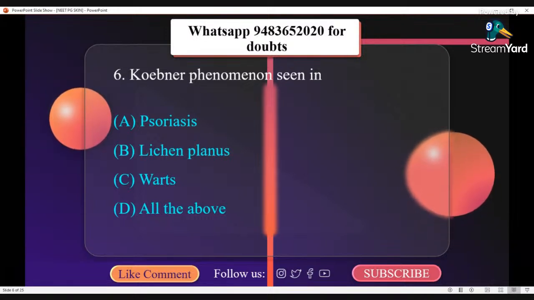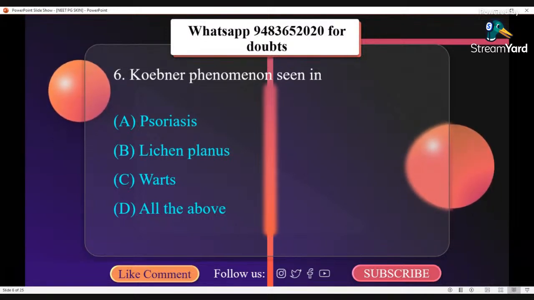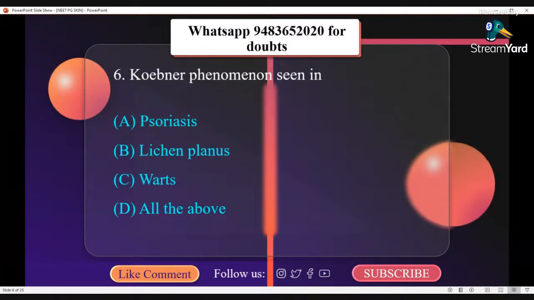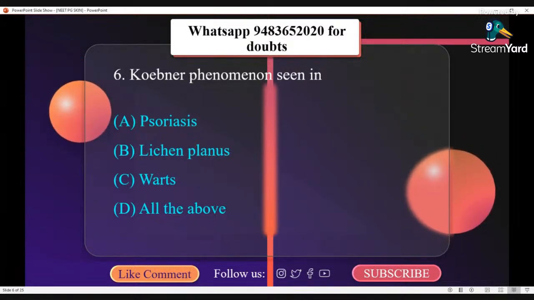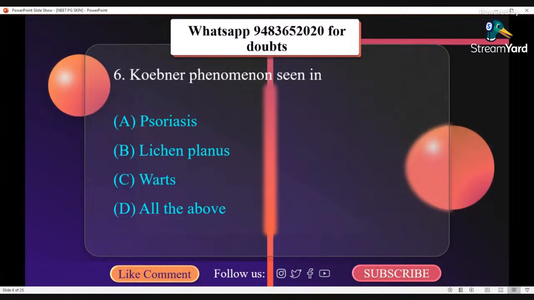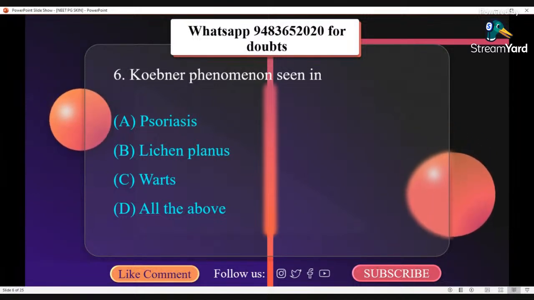Koebner phenomenon is also called isomorphic response, based on the name of the scientist Heinrich Koebner. It is the appearance of skin lesions along the line of trauma.